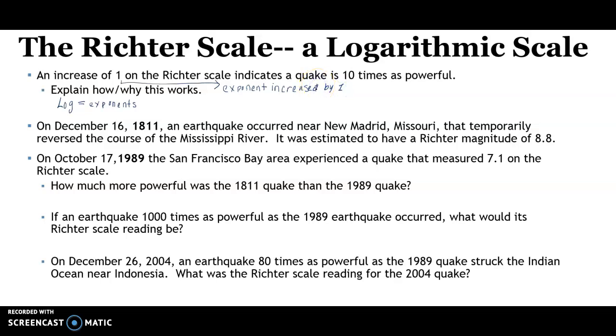So if the exponent increased by 1, having a common log, which is base 10, 10 to an exponent of 1 equals 10. This 10 is why the power is 10 times more.